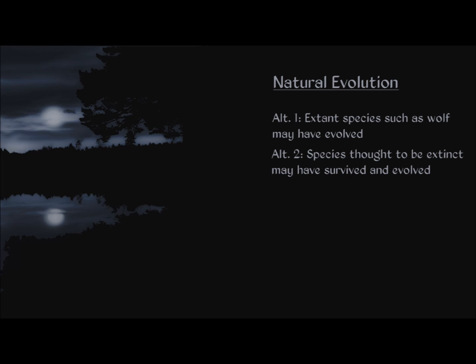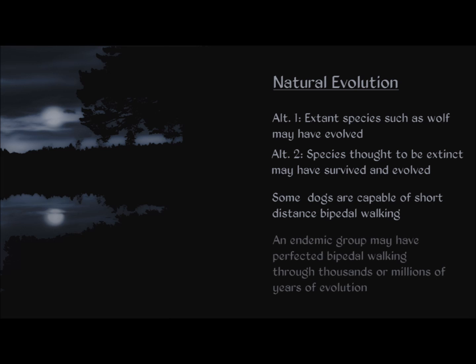They cite the fact that some dogs are able to stand up on two legs and even walk like that for shorter distances. An endemic group of whatever species it originated with might thus have become more adept at this bipedal business, possibly through thousands or millions of years, and learn to use it to get a better view of the surrounding terrain. That is the theory of natural evolution.